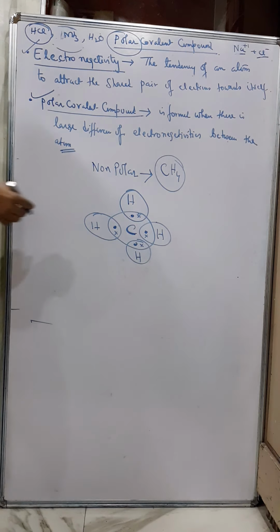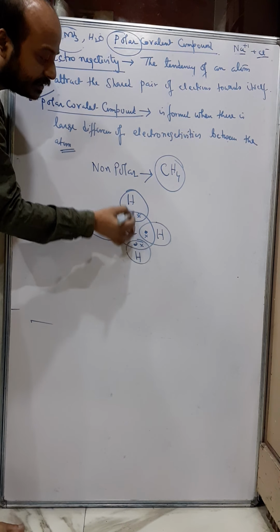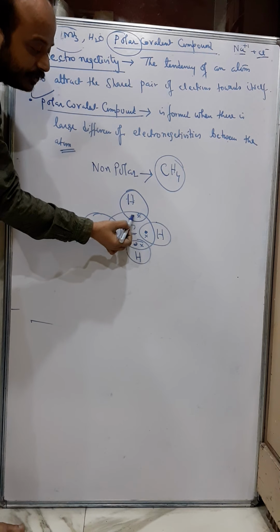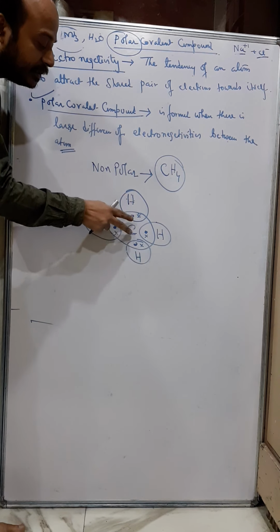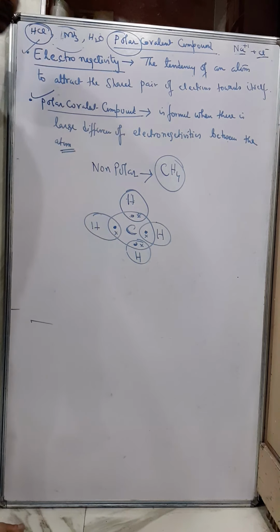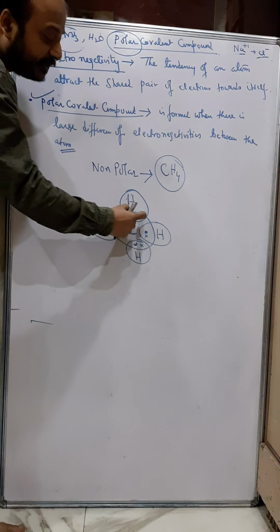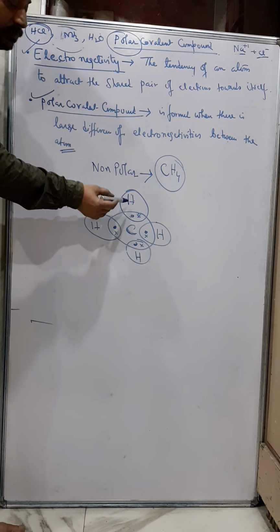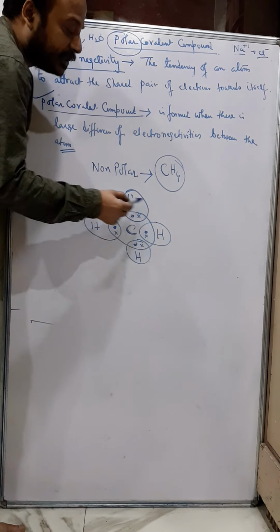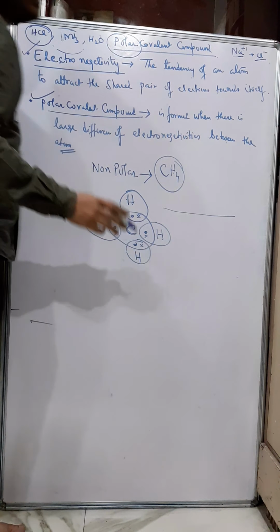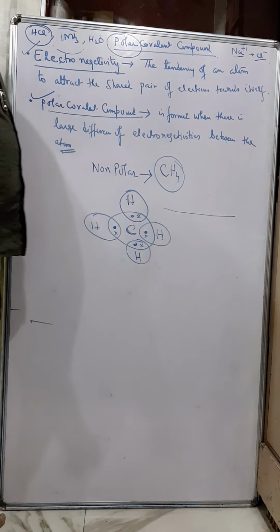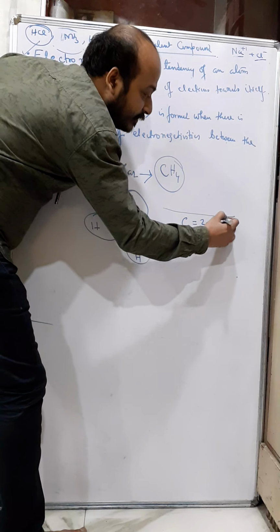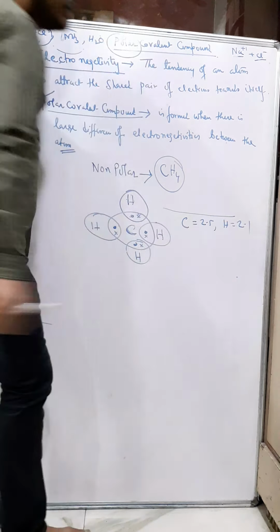Now in this case what happens? Suppose this is the carbon nucleus and this is the hydrogen nucleus. The shared pair of electrons is generally in the middle. So it's not very close to carbon or very close to hydrogen. You know why? Because there is no large difference between the electronegativity of carbon and hydrogen. The electronegativity of carbon is 2.5 and hydrogen is 2.1.